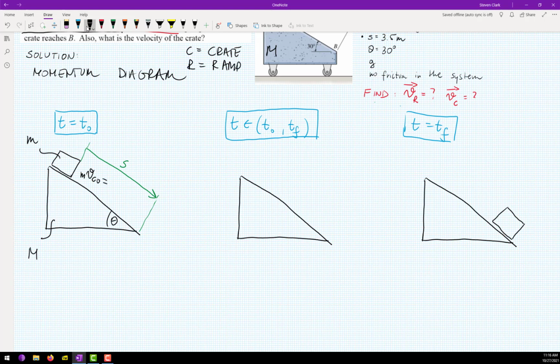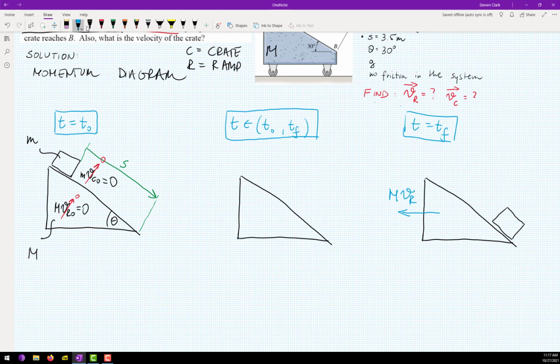Okay, so this is 0, and also big M v ramp 0 is also 0. Yeah, they just start from rest. However, at the end, they have some velocity. Yeah, the ramp will for sure go this way. I have no doubts about it. I don't know VR, v ramp.